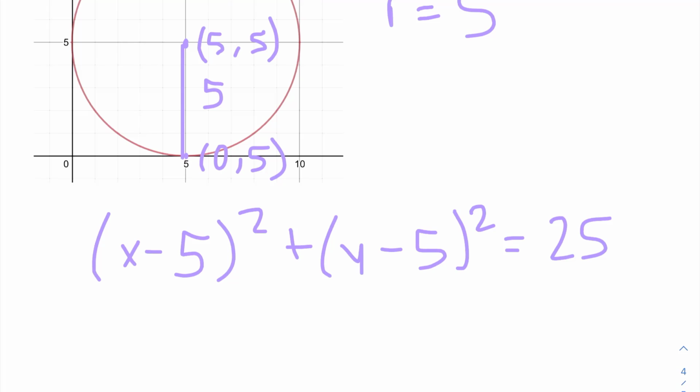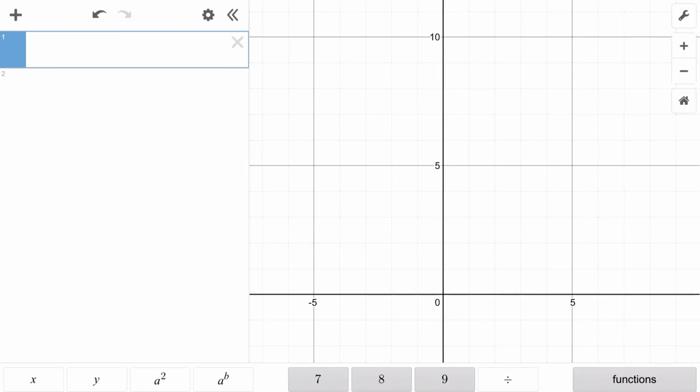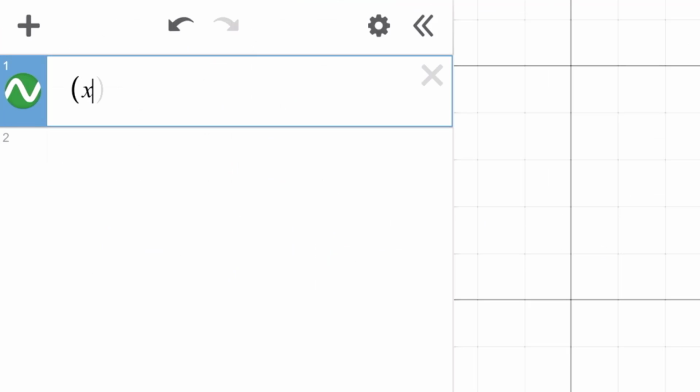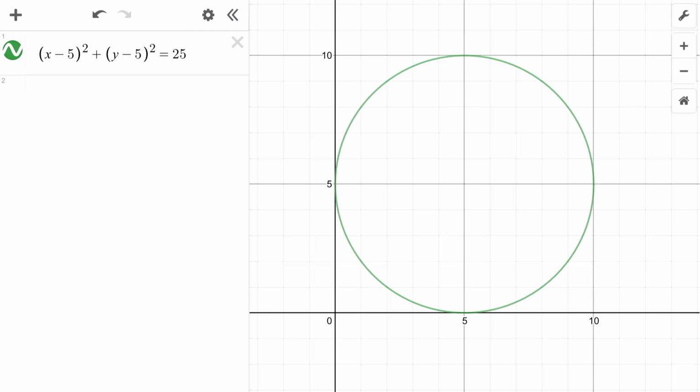Now let's go check our answer. If we enter the equation (x - 5)² + (y - 5)² = 25, we see that we get the same circle that we had in the problem.